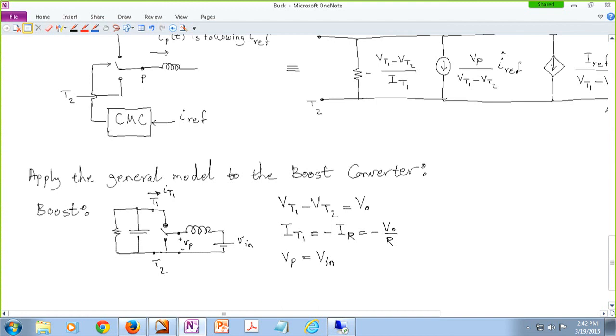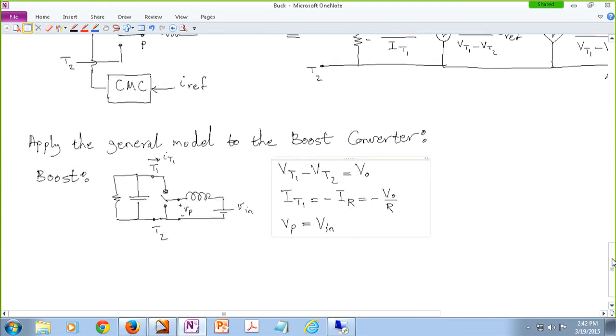Okay, so once you plug in all these numbers, this is what you're going to get. Let me just write them down here first. I have a resistor which was a negative of VT1 minus VT2 over IT1.